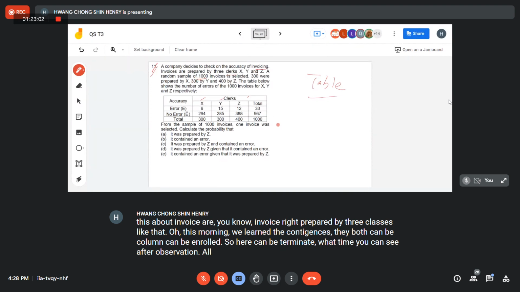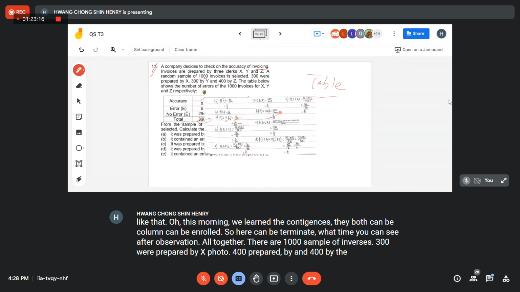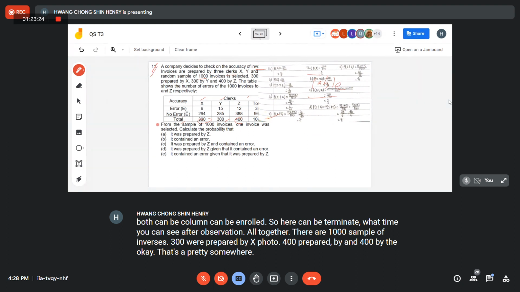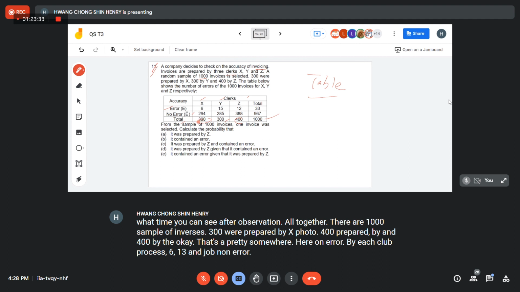Altogether there are 1,000 sample invoices. 300 were prepared by X, 300 by clerk Y and 400 by clerk Z. Here there are errors by each clerk: 6, 15, and 12. Non-error, E bar, is the remaining.